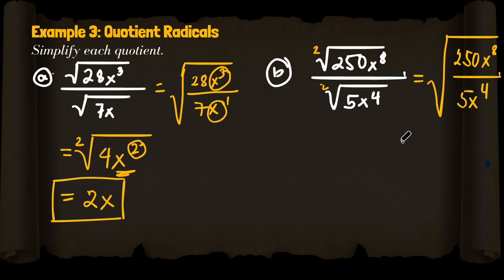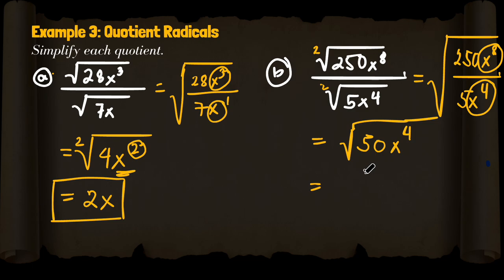Okay? So, simplifying this one, 250 divided by 5, that is 50. Right? So, x raised to 8 divided by x raised to 4, copy the base, subtract the exponent, 8 minus 4, that is 4. And then simplify these things.